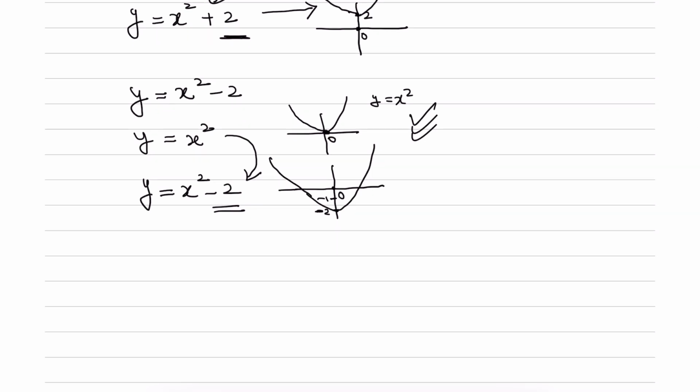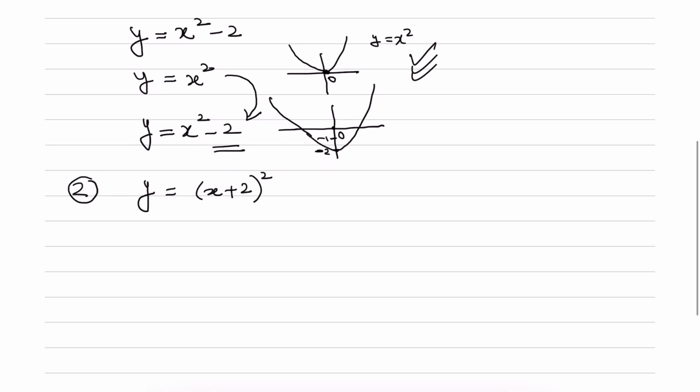Now let's look at another example. We want to sketch the graph for x plus 2 whole square. Of course I can sketch this graph by taking different x values. You get y's, you get the complete points, you join those points and you get the shape of the curve. But we are again going to draw the shape of this graph by looking at the rules of the translations.